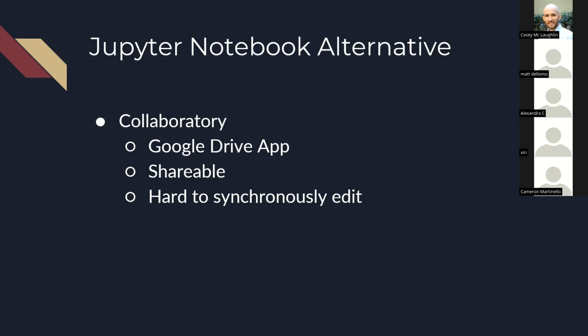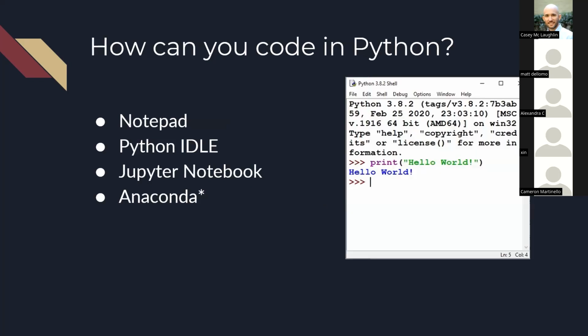Google Drive has an app for that. There's also Google Colab that's available. It's essentially a Jupyter Notebook-like environment, and there's a number of others. If you want to run Python on your local computer, all you need is Notepad to write Python code.